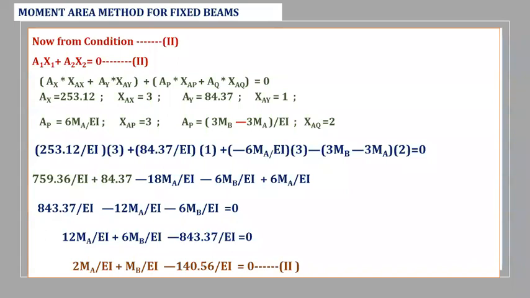I request all the members, next, from equation 1 and 2, now you can solve. You have in your hand two equations, two unknowns. By any one of the methods, by calculator or by the standard method, you can get MA, MB. That MA represents the fixed end moment, MB represents the fixed end moment.